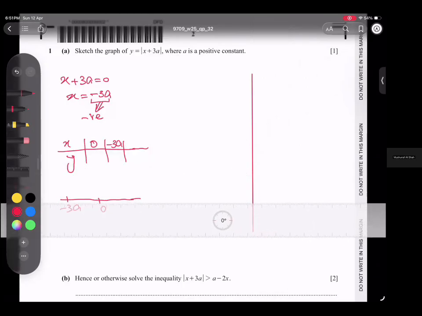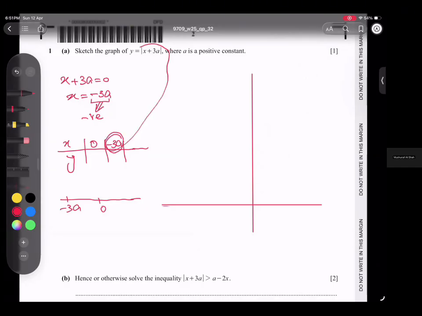There is no negative value, so I'm not going to make it below. First of all, when negative 3a is plugged in, it gives me 0. So negative 3a and 0. When I plug in 0 in the place of x, I get a positive 3a.